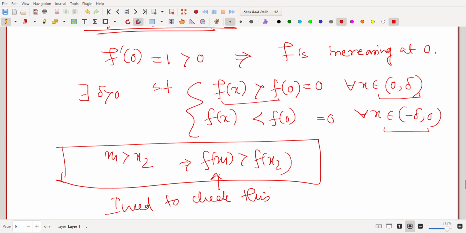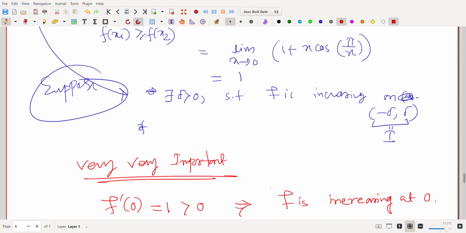That's why f(x) greater than f(0), that means f(x) is positive when x greater than 0 at some delta, and f(x) less than f(0) for x less than 0 for all x belongs to (minus delta, 0). That means f is increasing at 0, but f is not increasing in any neighborhood. So I hope all of your doubts will be clear after seeing this video.